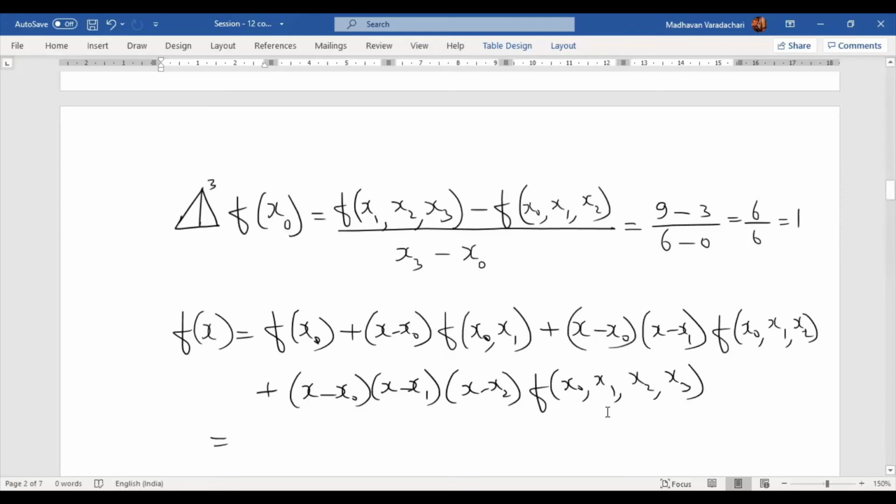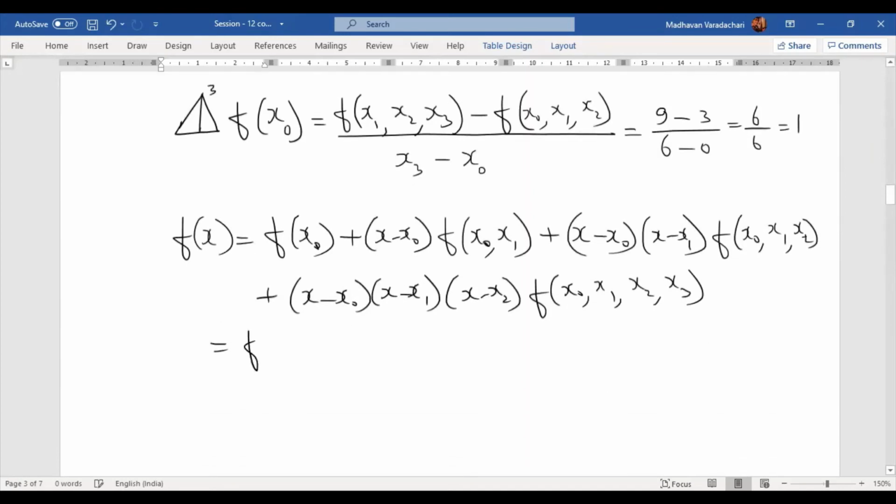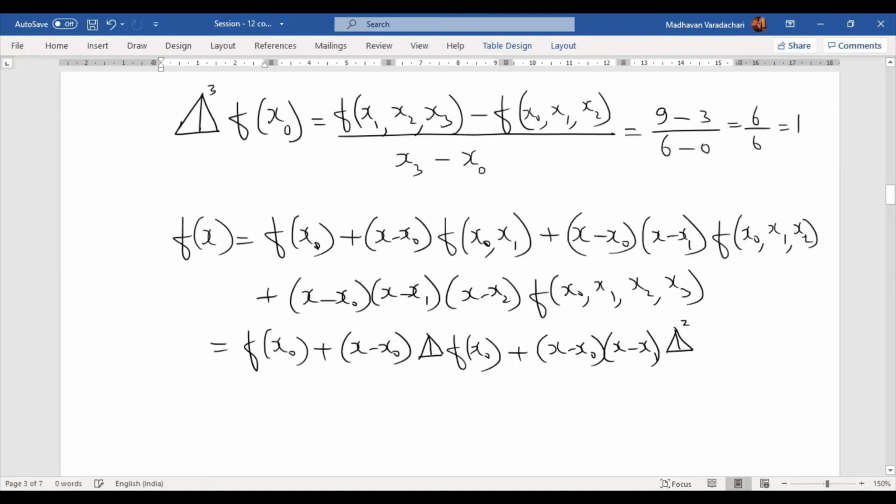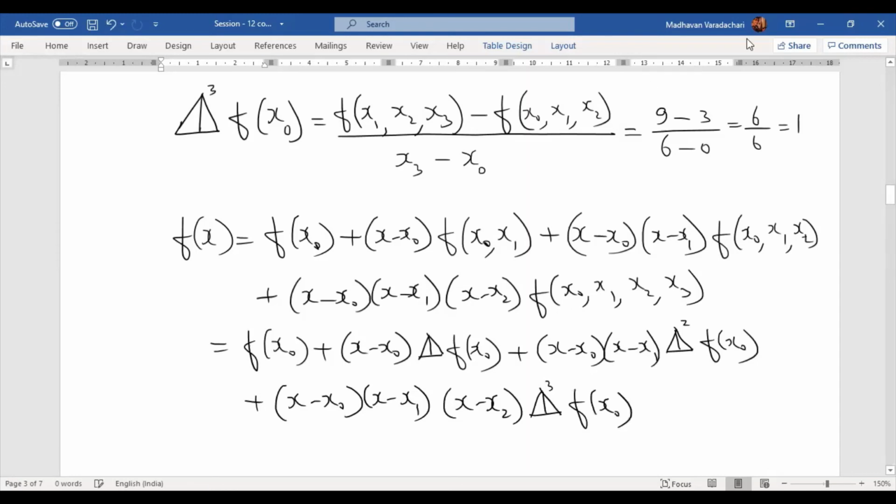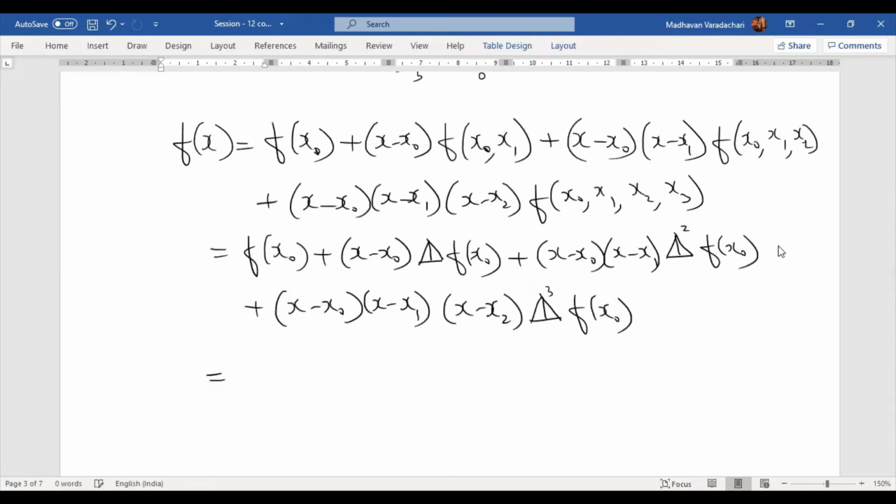This can also be written as f of x naught plus x minus x naught times the first order divided difference of f of x naught, plus x minus x naught times x minus x1 times the second order divided difference of f of x naught, plus x minus x naught times x minus x1 times x minus x2 times the third order divided difference of f of x naught. Now it is only a matter of substitution. What is f of x naught?